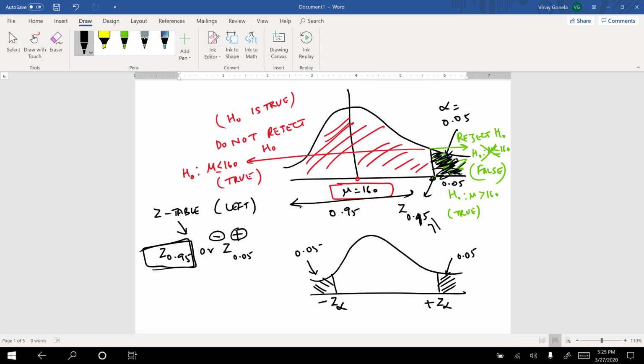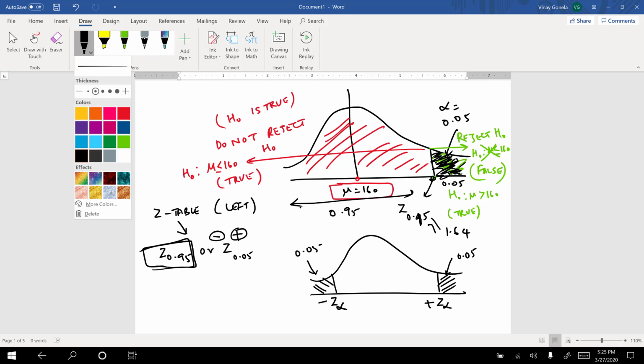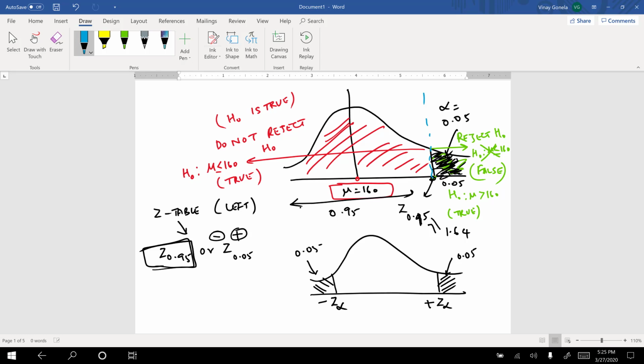That is going to give me 1.64. So the value at this line would be 1.64. So 1.64 is our critical value.